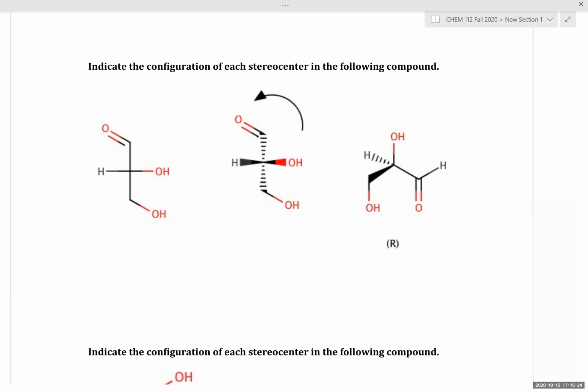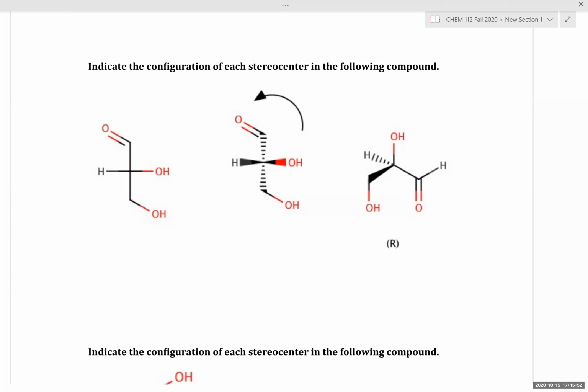Just like before, we're trying to visualize bond rotation in order to most accurately portray this Fischer projection structure using Dash Wedge notation. It's also invaluable at assisting us in assigning the stereochemistry given a Fischer projection.